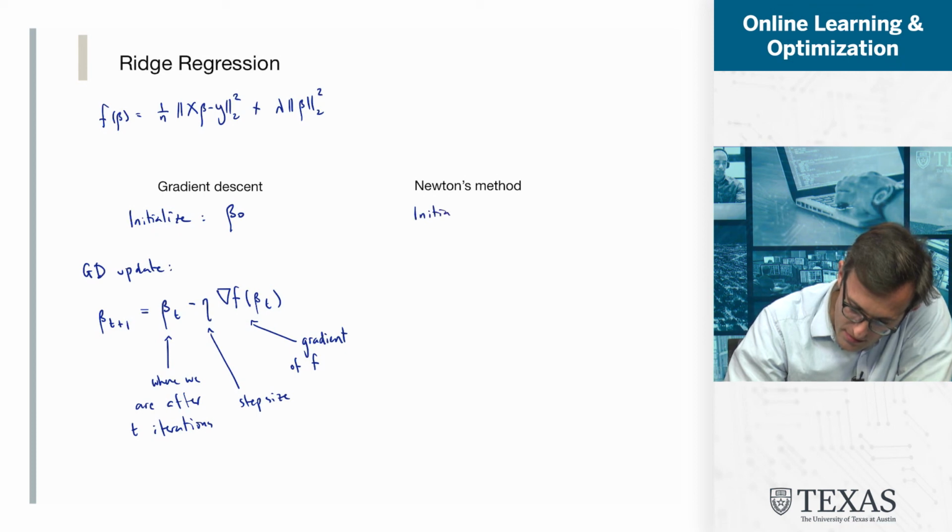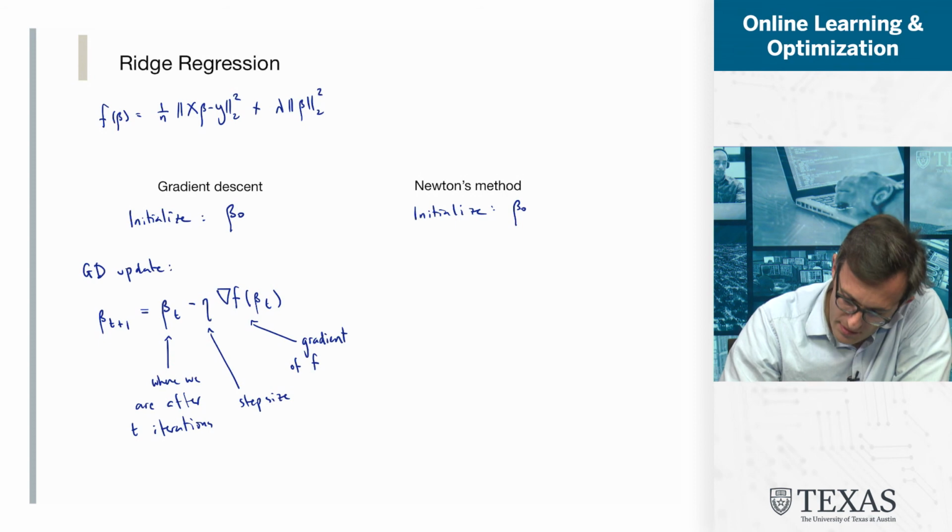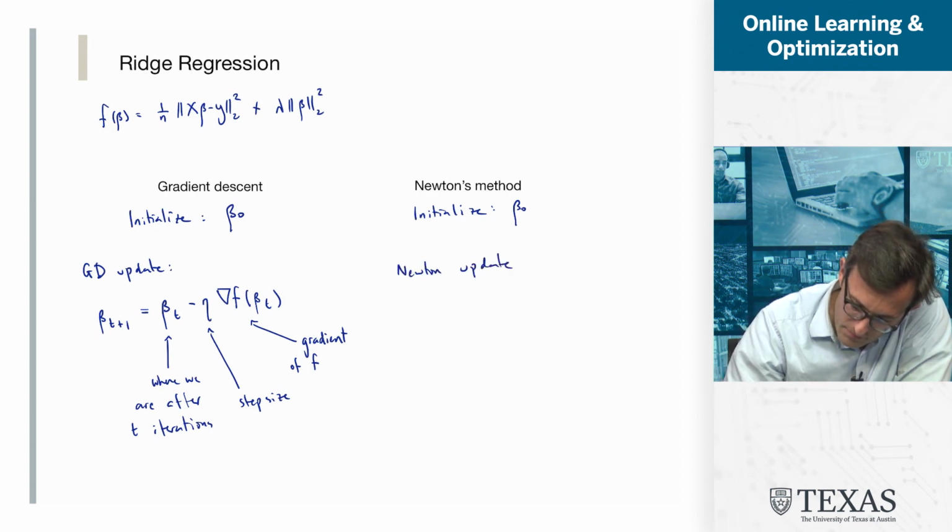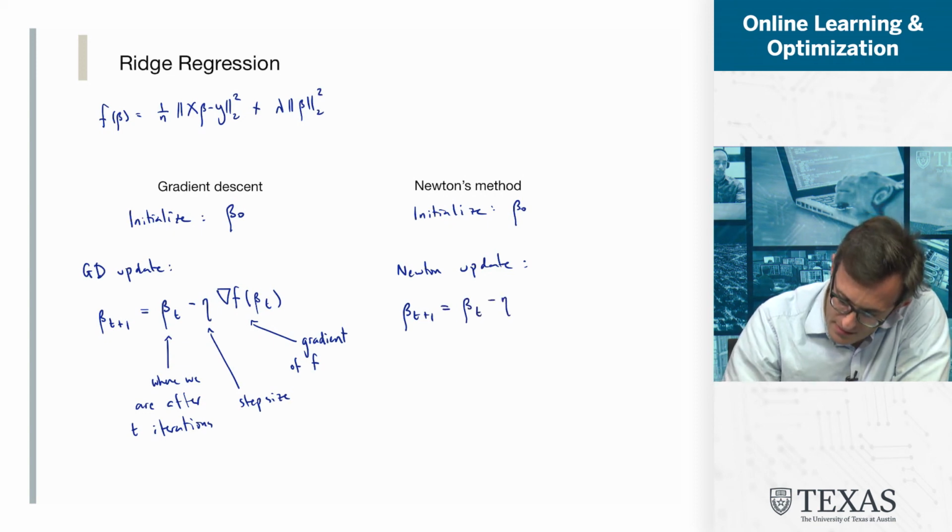We again initialize at some beta 0. And the Newton update says beta t plus 1 is equal to beta t minus eta times the Hessian of f, this is the second derivative, inverse, times the gradient of f at beta.